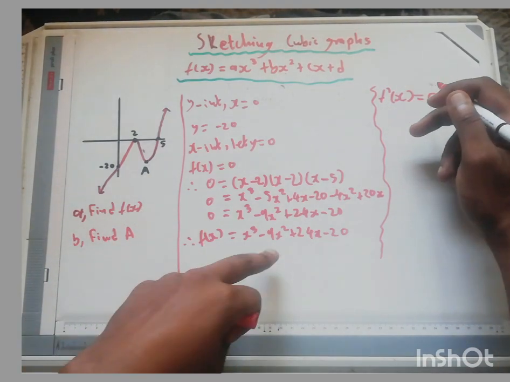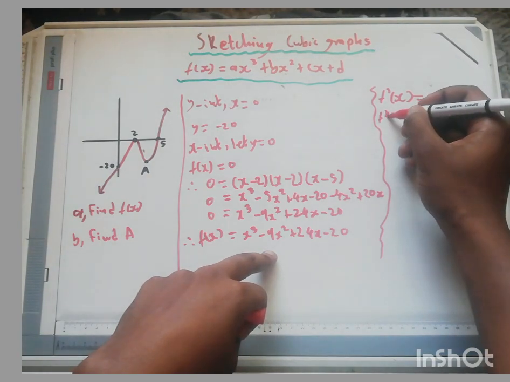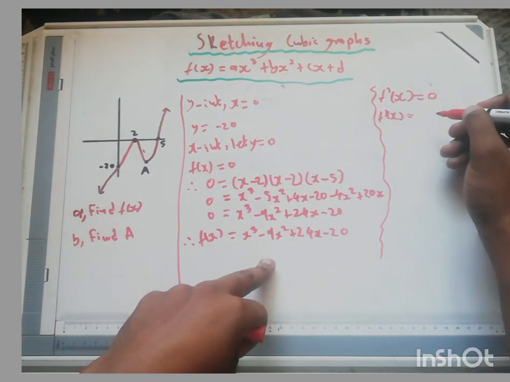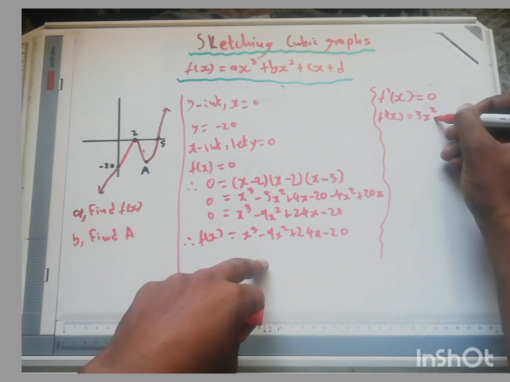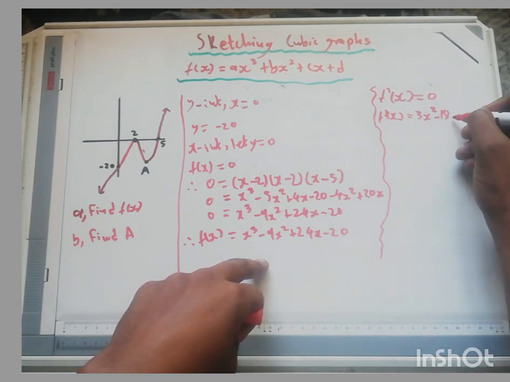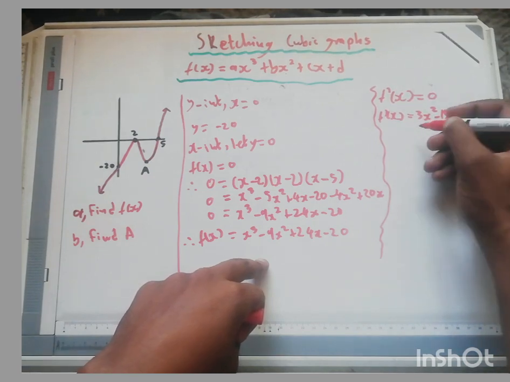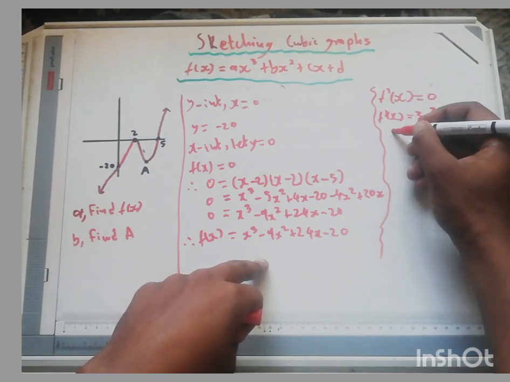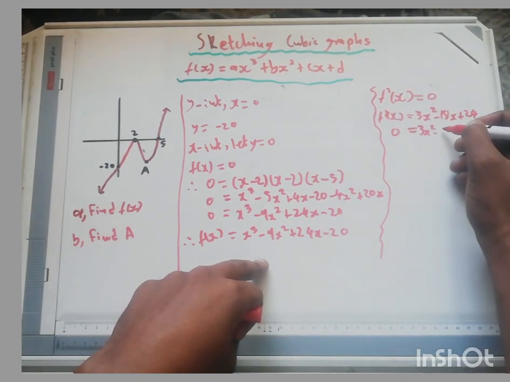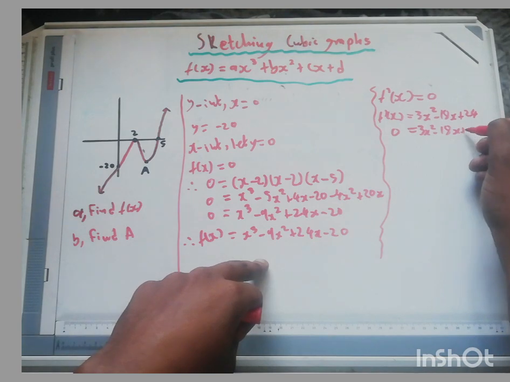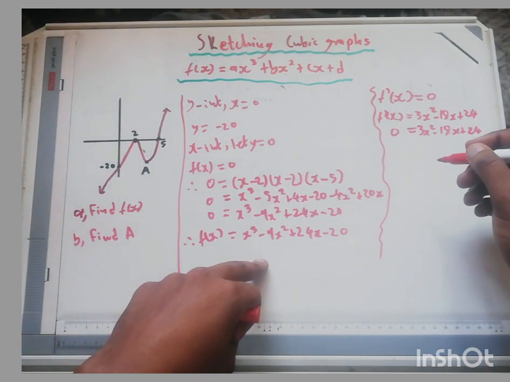So if I were to find the first derivative of this, I'll have 3x squared minus 18x plus 24, right? So I equate this to 0. I'm following this equation. So you'll have 3x squared minus 18x plus 24. That's what you have there, right?